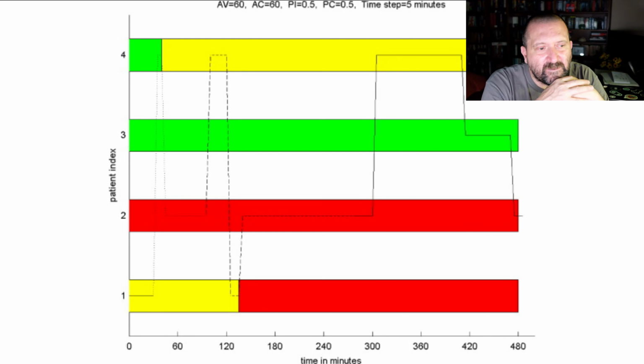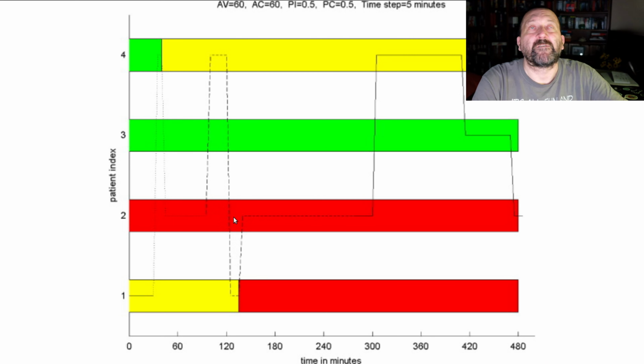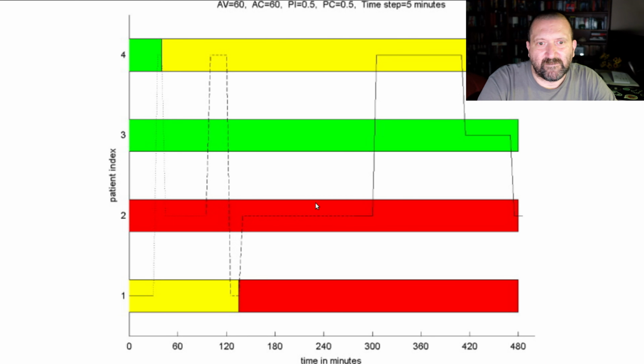And so what you get are graphs like this. So the status of, so these are patients, the numbers 1 to 4 are patients. Their status is they're uninfected in green, infected with the non-resistant strain in yellow, or with a strain resistant to antibiotics in red.